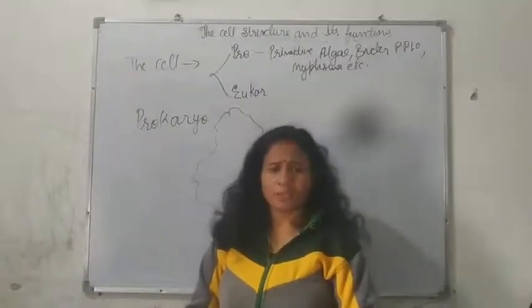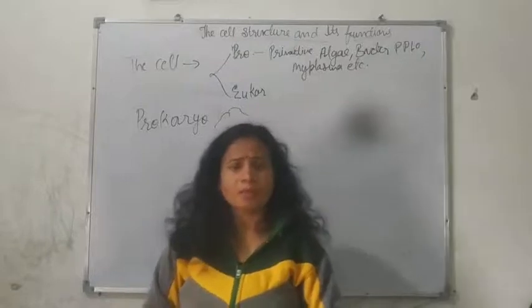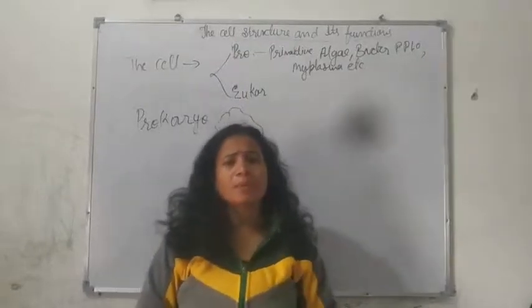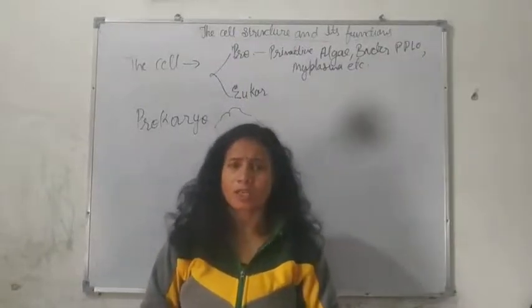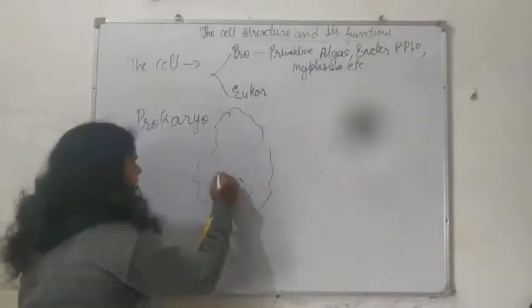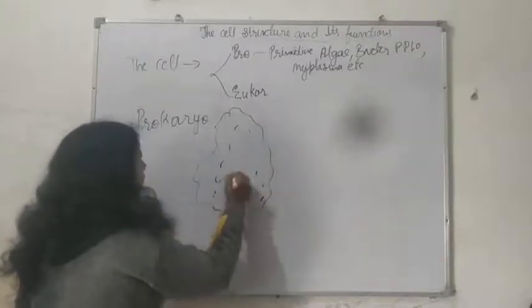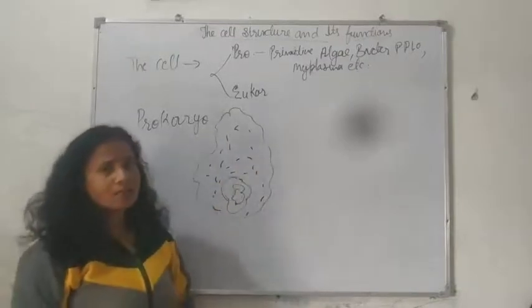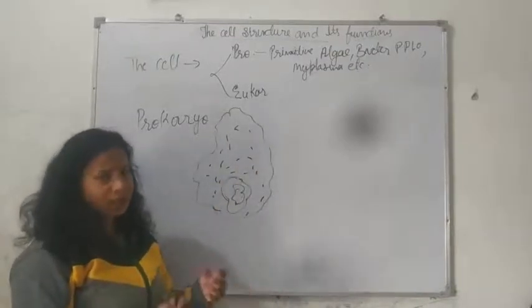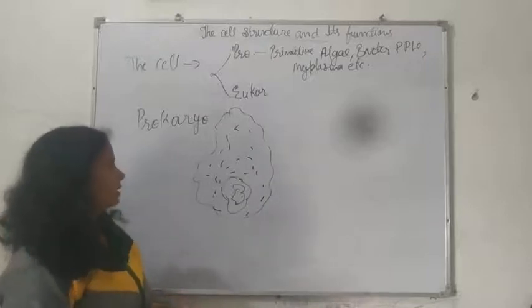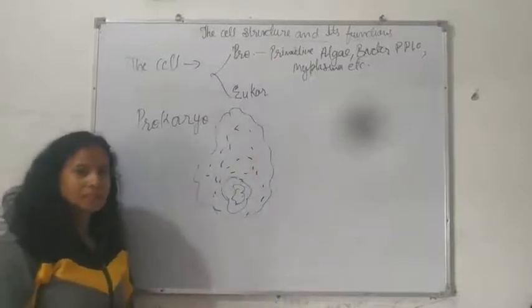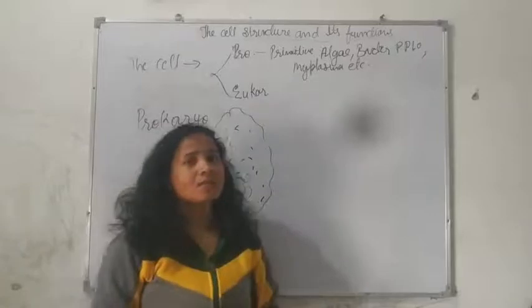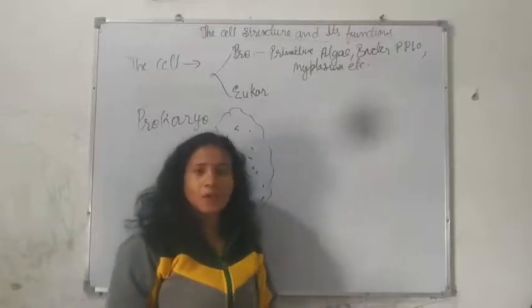In this primitive type of cell, the nuclear or genetic material, which is the DNA or RNA, is occupied in the matrix or cytoplasm. There is no specific membrane to cover the nucleus. It is naked and not covered by the nuclear membrane. There is no membrane around the genetic material, the DNA or RNA.